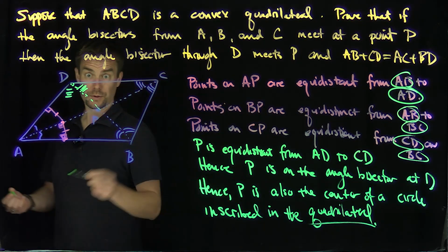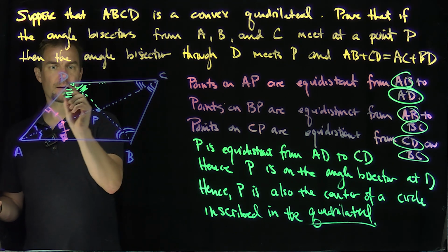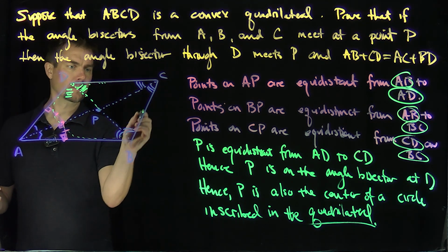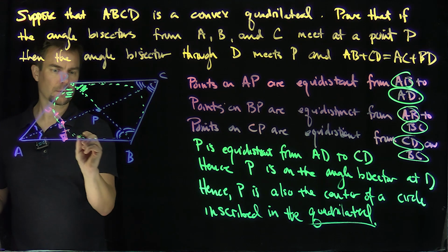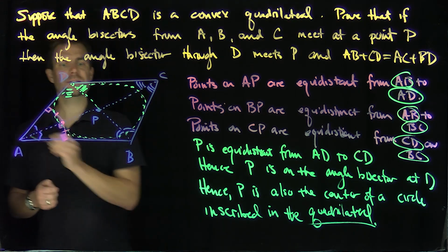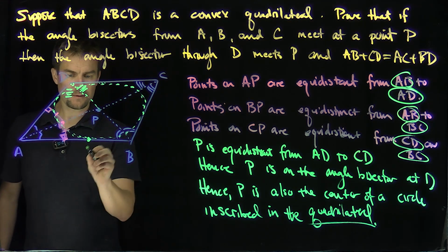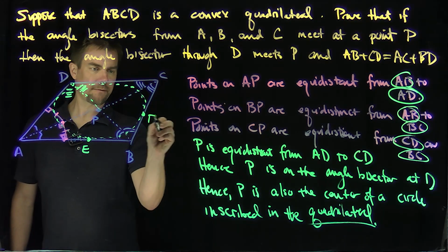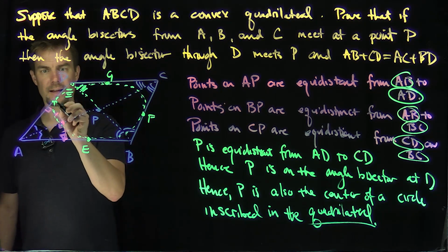Great. Okay, so there's a circle inside here. It's not going to be to scale. There's my circle. Like that. Excellent. Let's call this point over here E. Let's call this point over here F, G, and H.